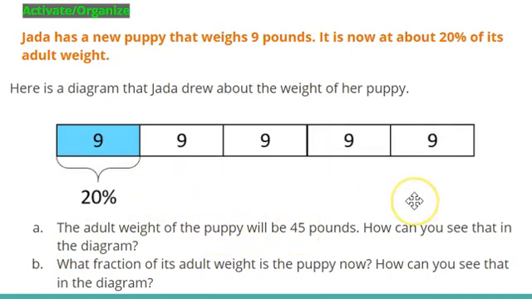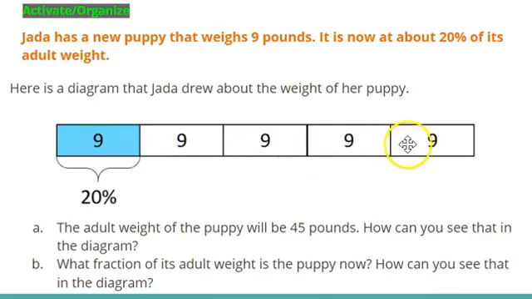How can we see that in this tape diagram? If 20% is 9 pounds, it's going to take 5 times as much to equal 100%. If 1 part is 9 pounds, then the 5 groups together make the 45 pounds that the puppy will weigh as a full-grown dog.